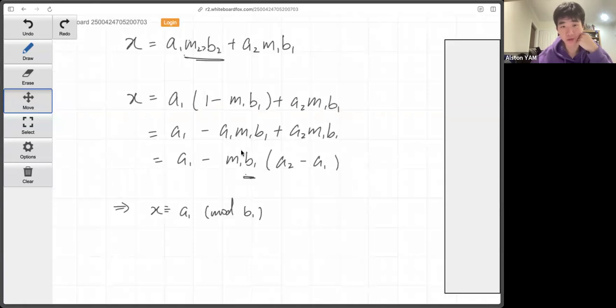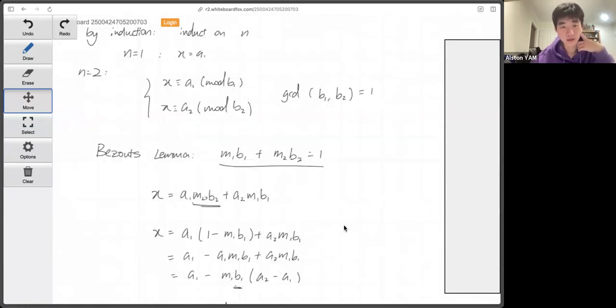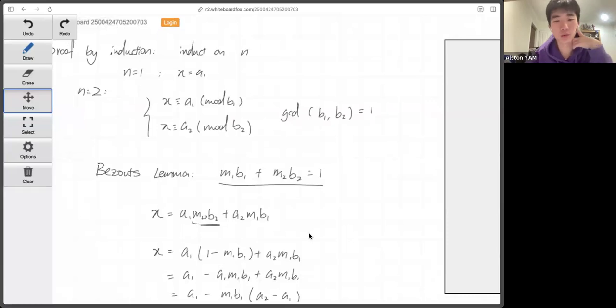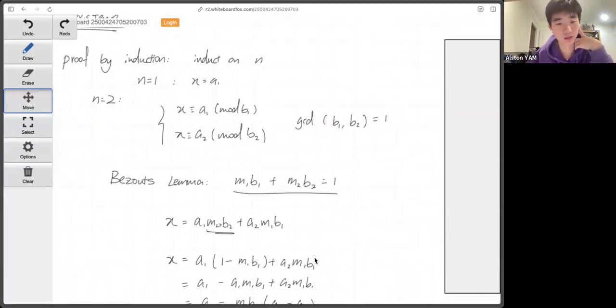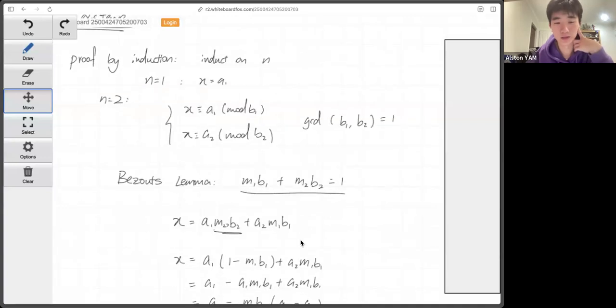And similarly, you can substitute 1 minus m2 b2 into this one here, and you do the same logic and you'll get the other congruence, right? I probably won't do that here because it's literally the exact same thing as this one. But we have that x equal to this thing will satisfy both of these congruences.